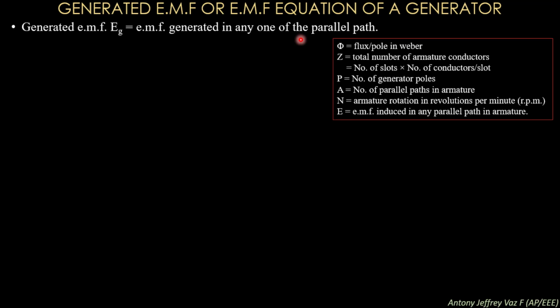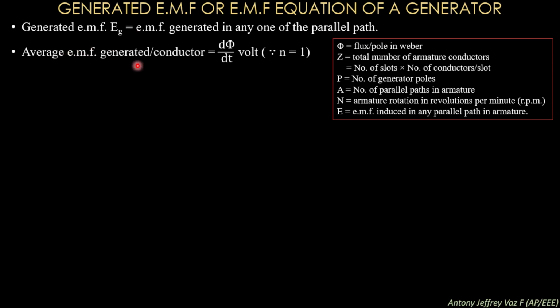In such a generator, the EMF generated in one of the parallel paths is present, but real generators, which are used to power houses and commercial loads, have a large number of parallel paths and very high ratings. For such generators, we are going to see the EMF equation.